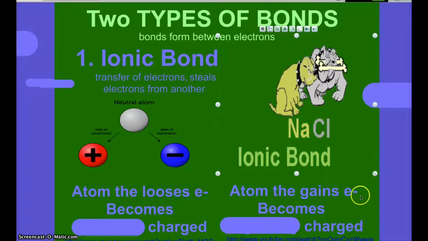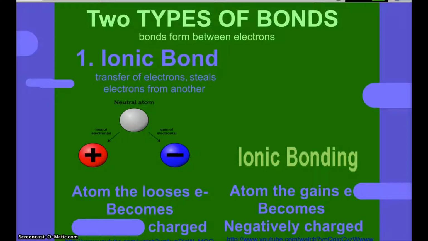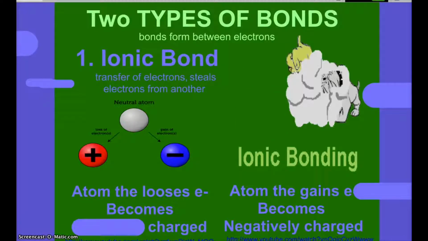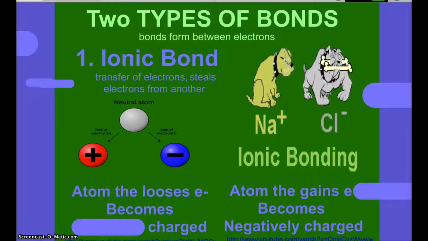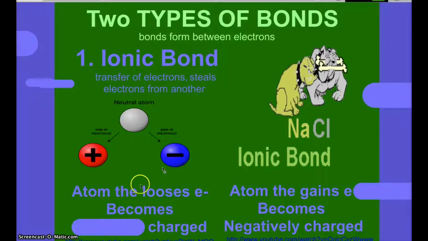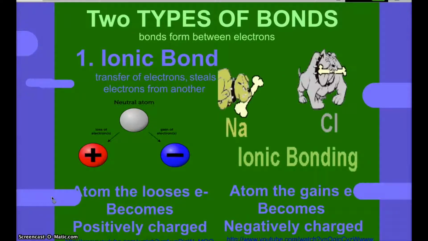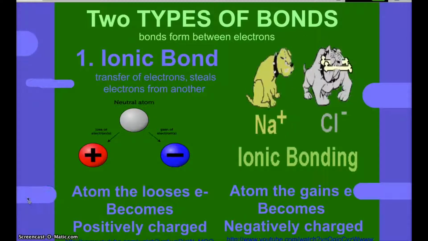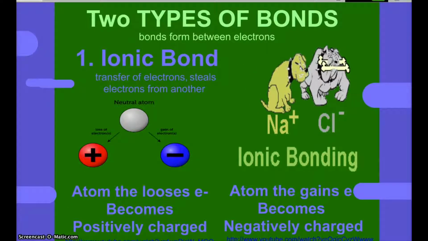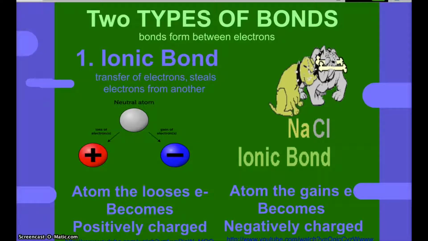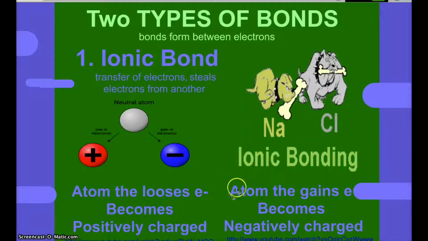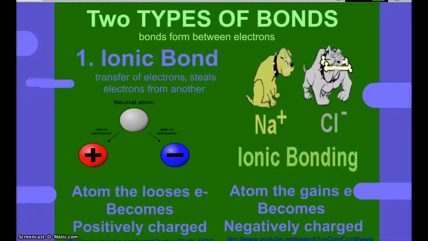Negative or positive? Correct. If it gains an electron, so that dog gained a bone, he becomes negatively charged. The one that loses an electron becomes positively charged. So it seems like it would be backwards, so you have to learn it that way. An atom that gains an electron becomes negatively charged. An atom that loses an electron becomes positively charged.